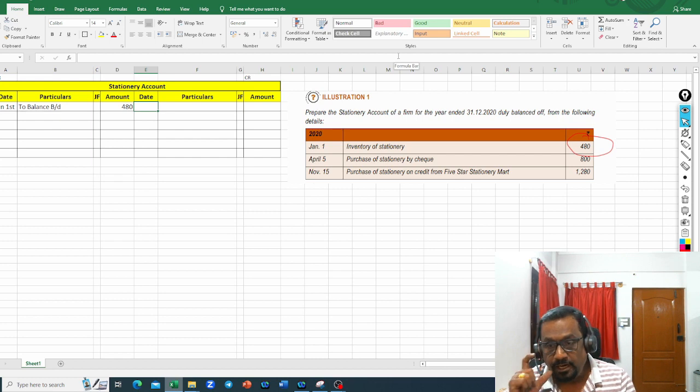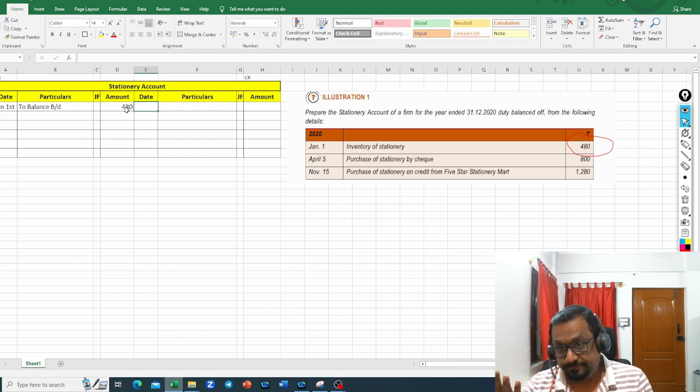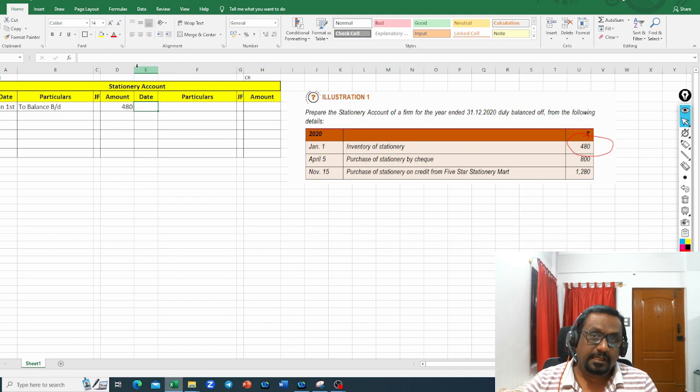Because 480 rupees worth of stock available on 1st January is nothing but an asset for us, because at the beginning of the year I have the stock of 480 rupees. So I consider that as an opening balance. And why is it debit side? Because it is an asset. Clear? Next, let us go to this transaction.